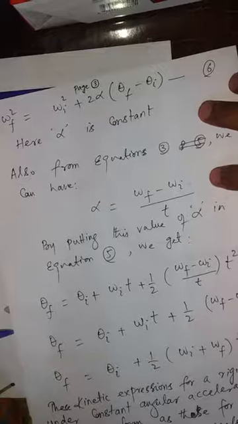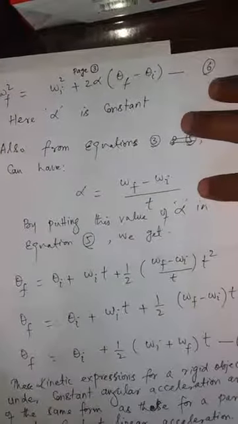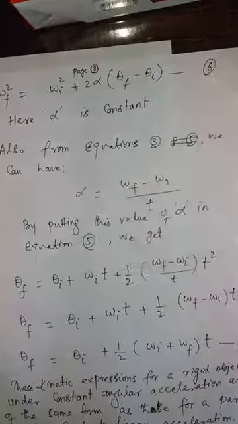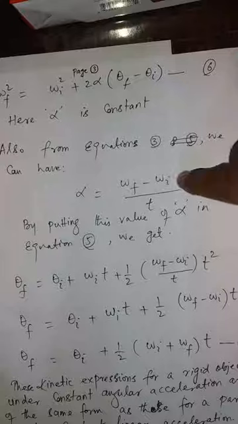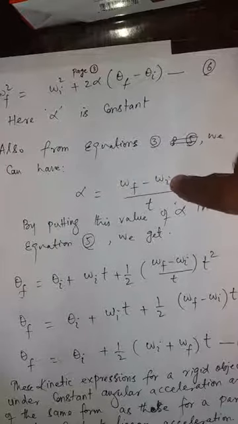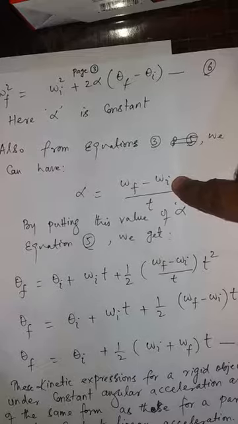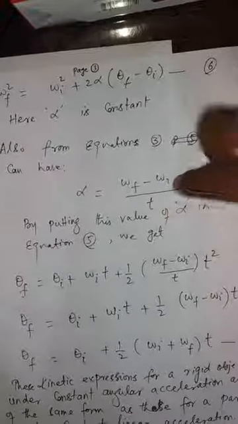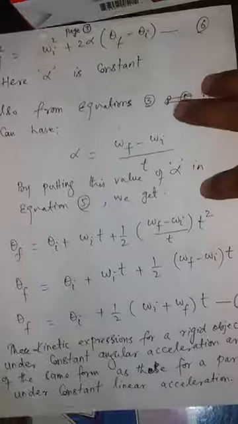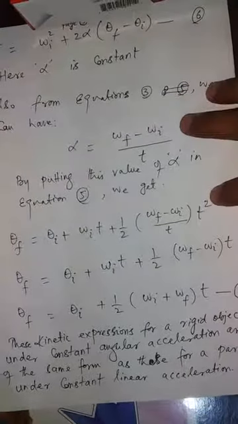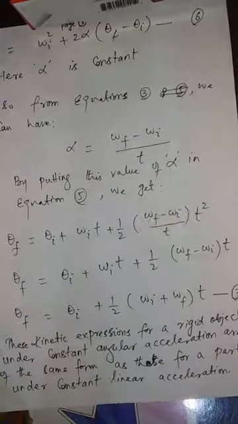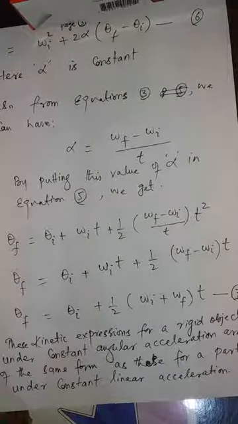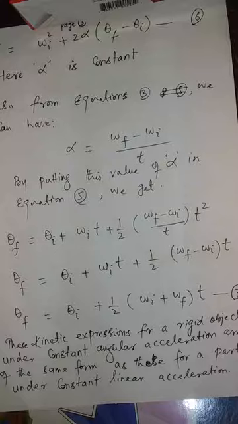From equation 3 we can express the magnitude of angular acceleration as the difference in angular speeds, omega f minus omega i, over t, and by putting this value of alpha in equation number 5 we get theta f is equal to theta i plus omega i t plus half omega f minus omega i over t into t square.